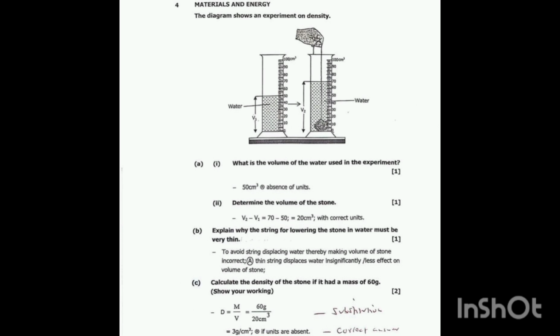Question B is saying, explain why the string for lowering the stone in water must be very thin. Why are we supposed to use a very thin string? The reason is to avoid the string displacing water, thereby making the volume of the stone incorrect.